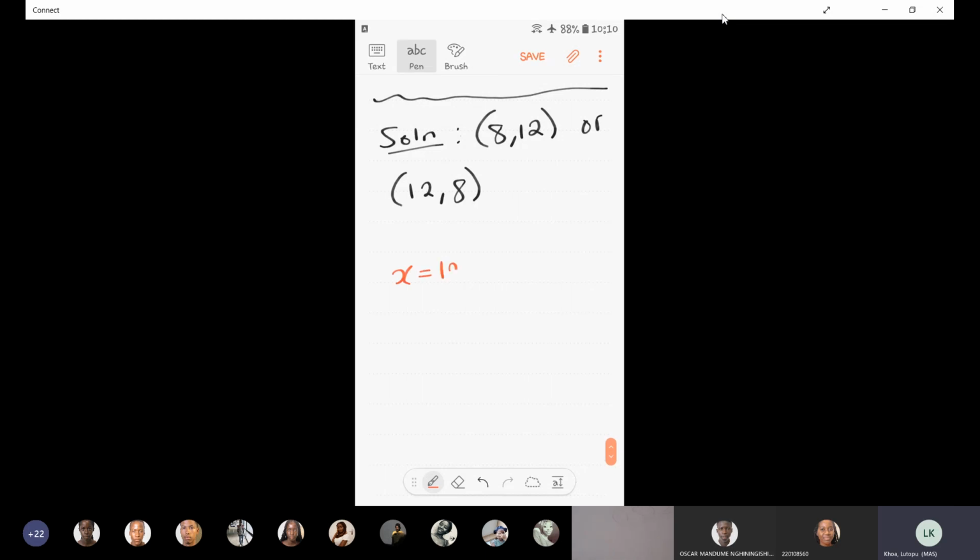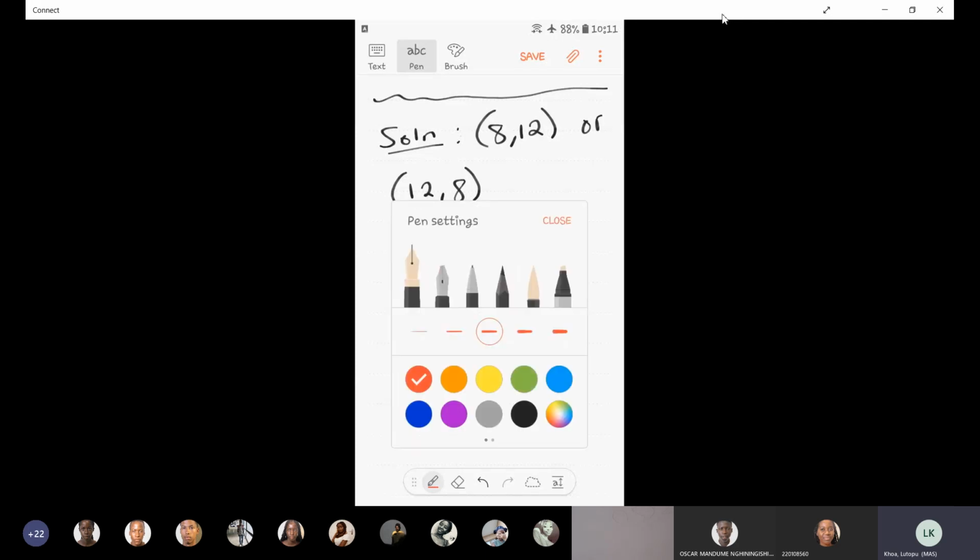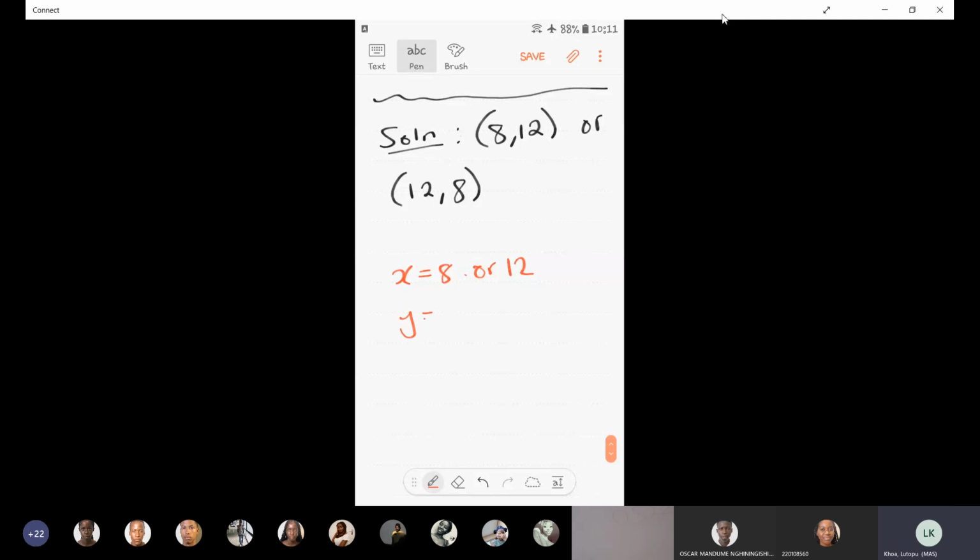Okay, so what I do not want to see is this: x is equal to 8 or 12, then y is equal to 8 or 12. I know that x is either 8 or 12, and the same thing for y, but they're not independent of each other. They go together.